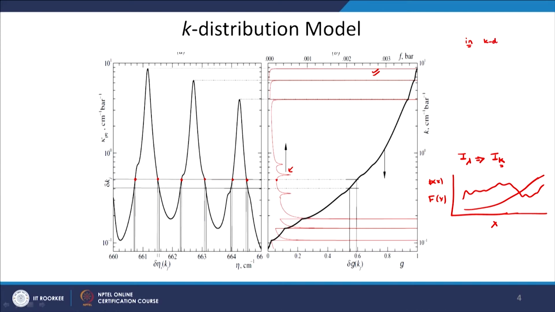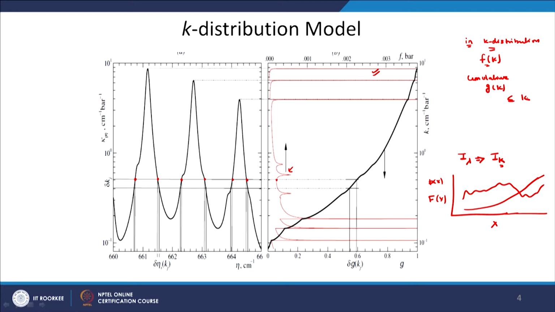And what is the difference? In the K distribution we represent it at a given value f, which is the probability, while in the cumulative k distribution, g(k), we represent less than or equal to k.